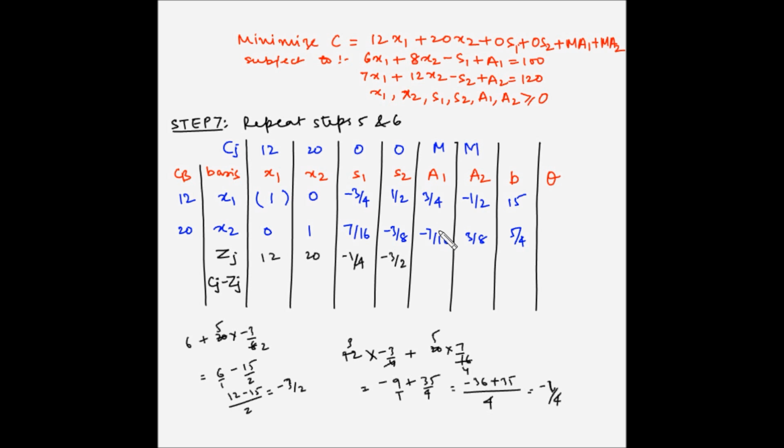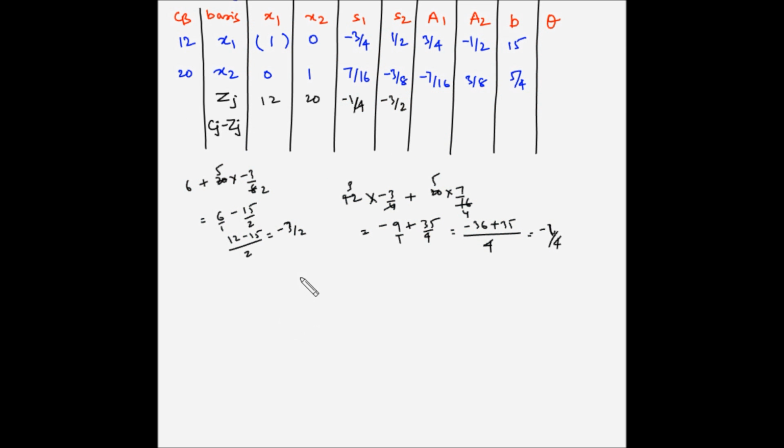For A1, 12 into 3 by 4 plus 20 into minus 7 by 16. 4 4s are 16, 4 5s are 20, 4 1s are 4, 4 3s are 12. 9 minus, because plus minus minus, 35 by 4. 4 LCM. 36 minus 35.